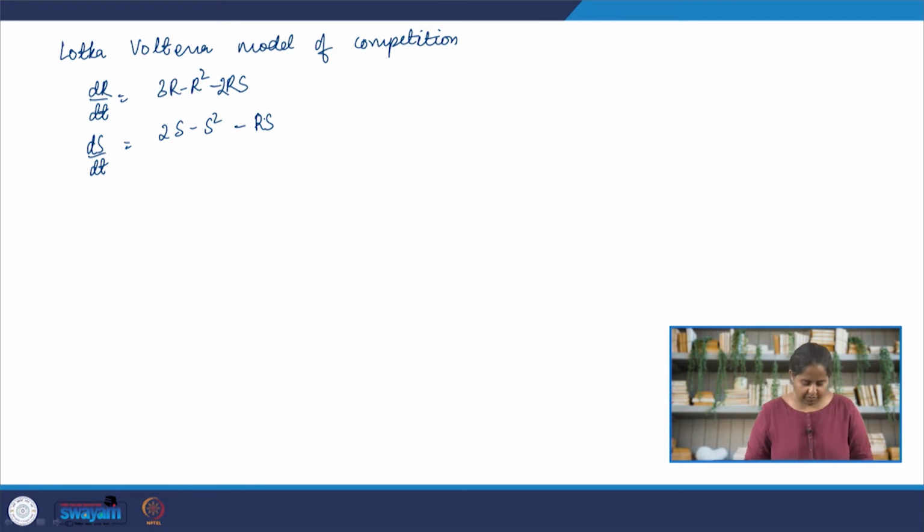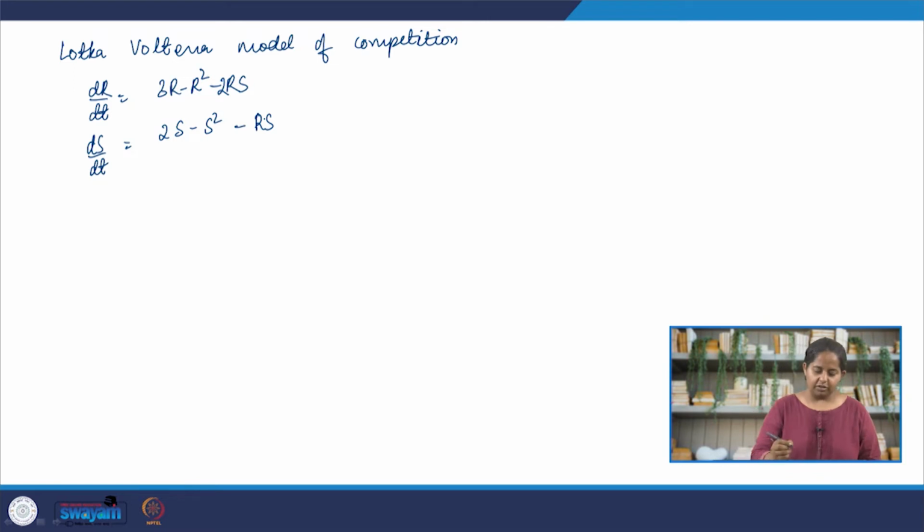What we are going to do is change the constants a little bit, so the model that we have looks slightly different. Now instead of the interaction between rabbit and sheep being twice as harmful for rabbits than for sheep, it is twice as harmful for sheep than it is for rabbit.